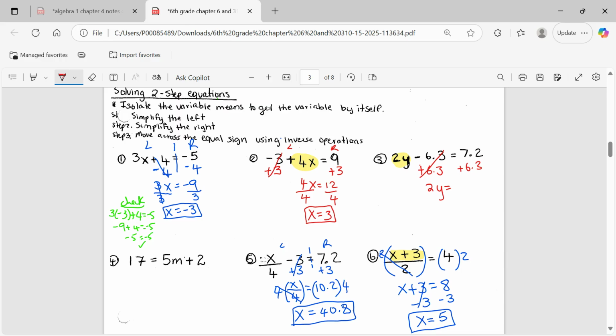So 2y is equal to 13.5. I want y by itself, again, to isolate, so I'm going to divide both sides by 2. I'm trying to find out what exactly is y. So y is equal to 13.5 divided by 2, which is 6.75.